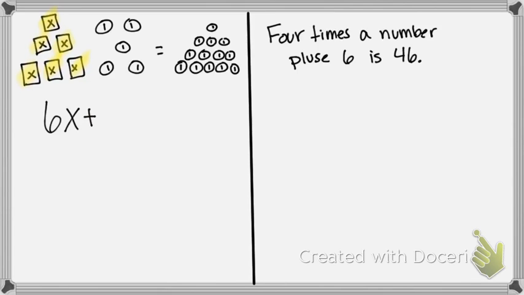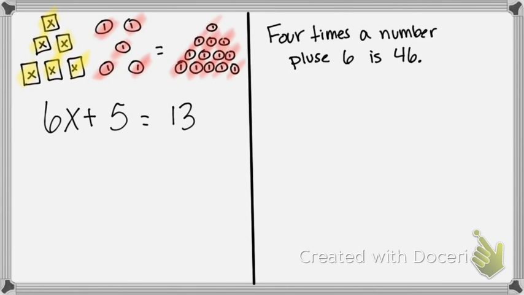And I'm adding how many? 1, 2, 3, 4, 5 ones. And that is going to equal 1, 2, 3, 4, 5, 6, 7, 8, 9, 10, 11, 12, 13. 13.